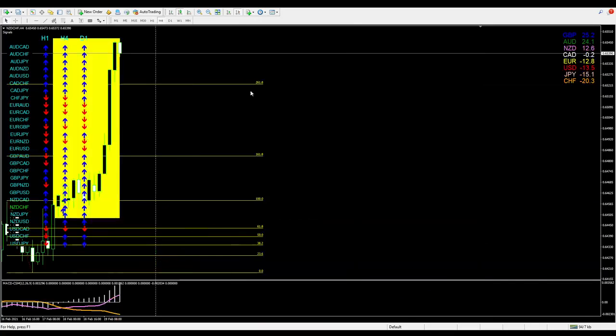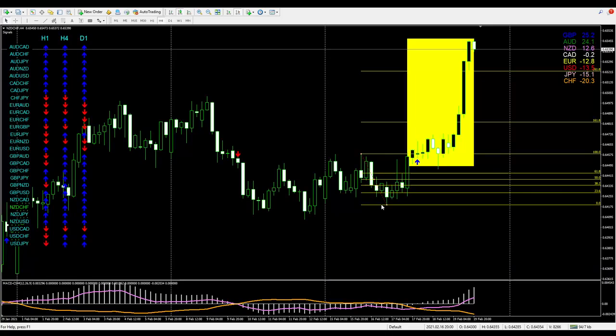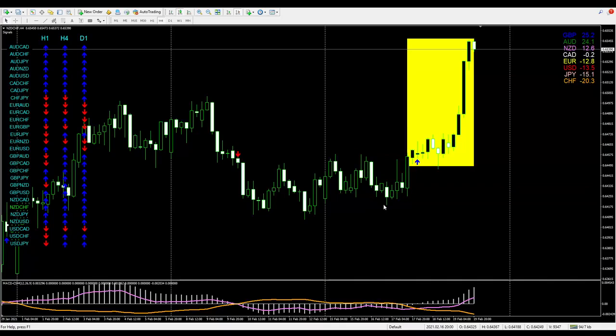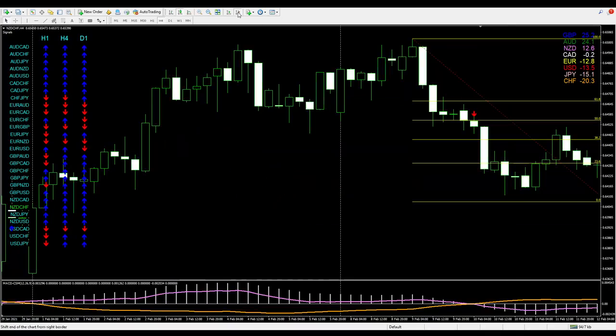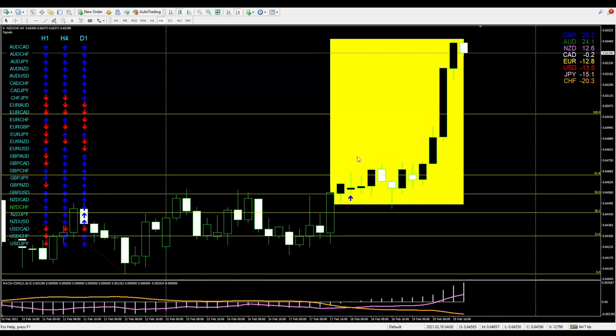But if you would check our H4 again, and then I'll remove this Fibonacci level, we would be plotting our Fibonacci around this point. As we can see, it hits the 50 Fibonacci level on NZD CHF. So this is the 50 Fibonacci level, and the H4 signal came out too here.